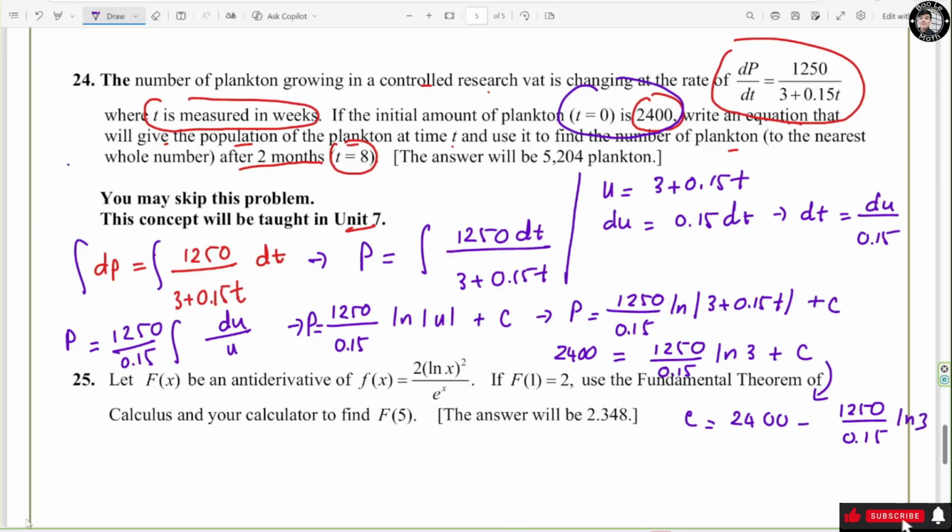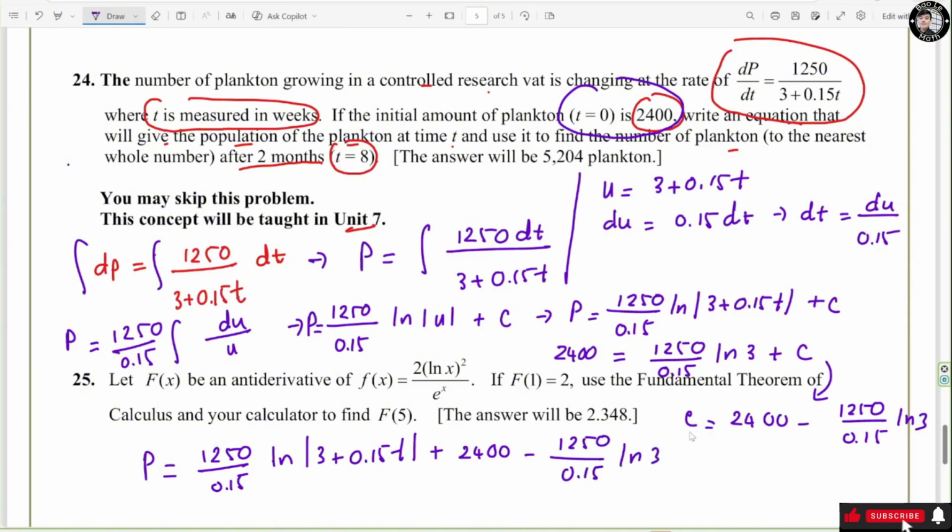So finally, the formula P is 1250 over 0.15 ln of absolute value of 3 plus 0.15t plus 2400 minus 1250 over 0.15 ln 3, right?